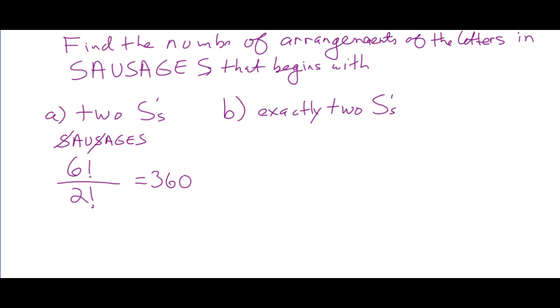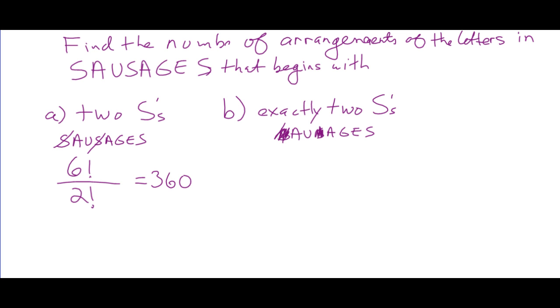If the third letter is an A, then when I go to figure out what's left, let's write out sausages again. S-A-U-S-A-G-E-S. So we take out 2 S's, they're gone.